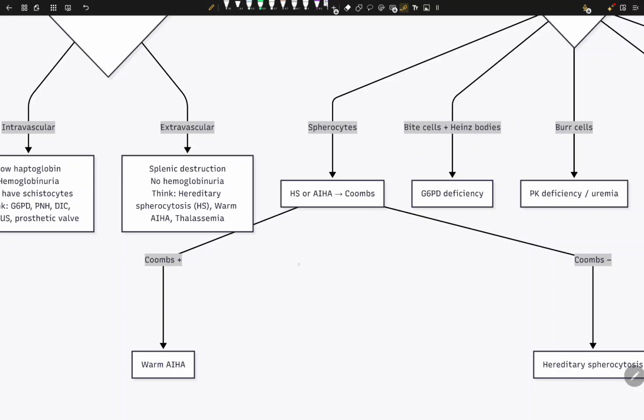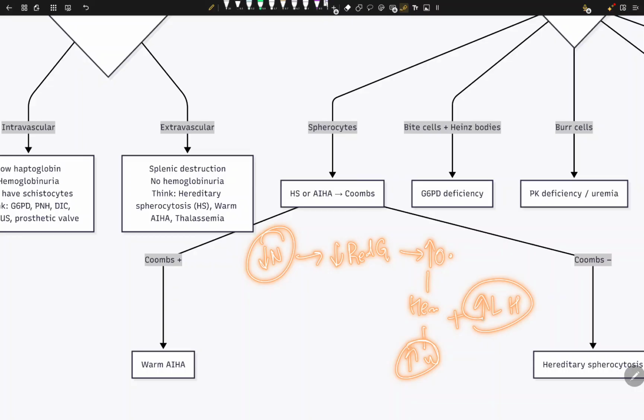So we have less NADPH, right? Less NADPH leads to less reduced glutathione, more oxidation, hemolysis, right? Then we have increased unconjugated bilirubin, and we have increased LDH, lactate dehydrogenase.